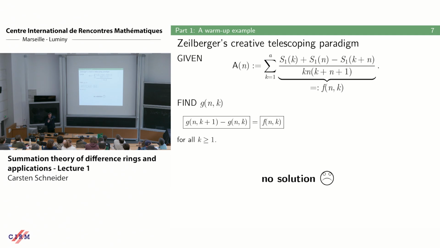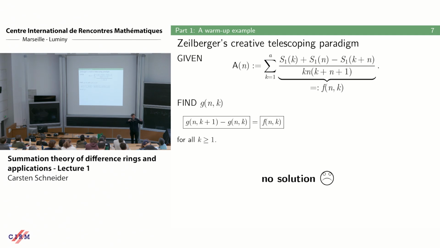And now I apply basically creative telescoping, introduced by Doron Zeilberger. I take the summand, and I take the summand where I replace n by n plus 1. And then I ask, maybe I find a telescoping solution if I look for a linear combination of the two. This increases the chance.